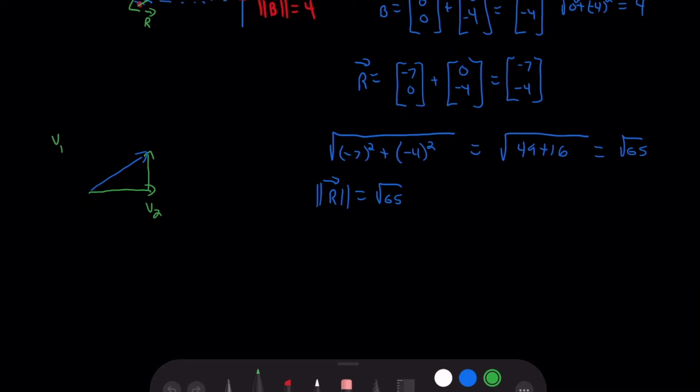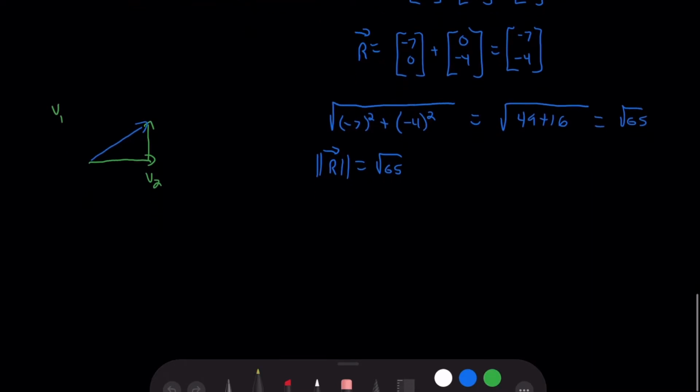And to touch up on what was talked about before, we know that sine of theta is equal to opposite over hypotenuse, cosine of theta is adjacent over hypotenuse, and tangent theta is opposite over adjacent.